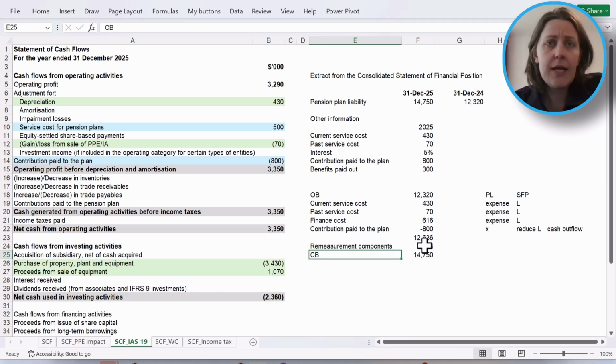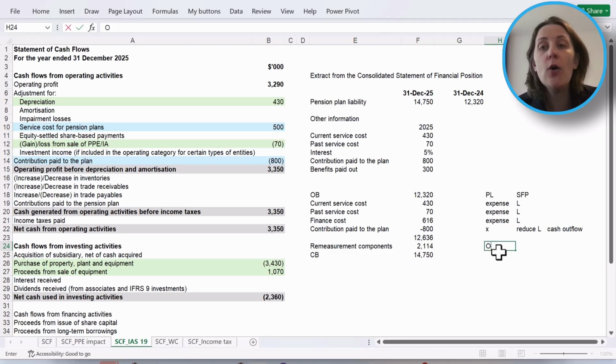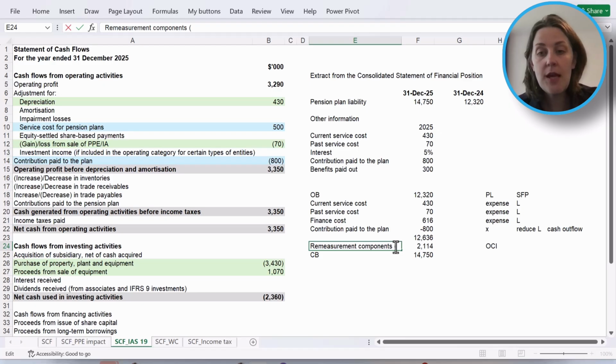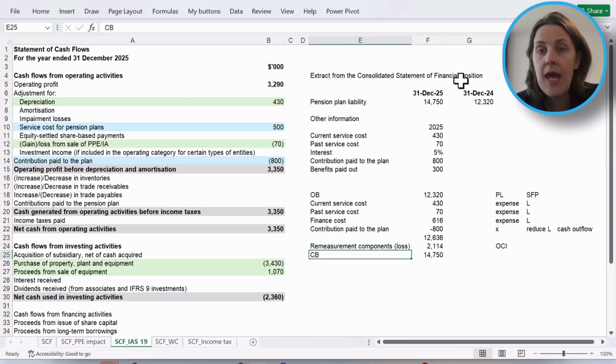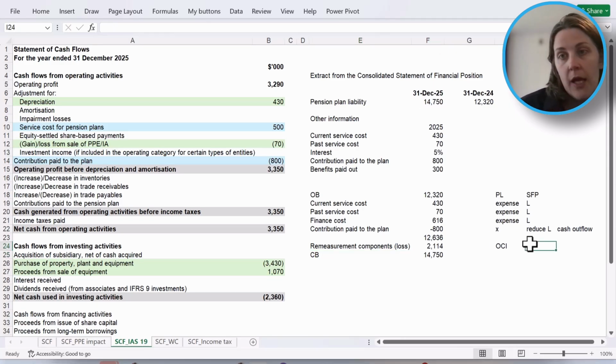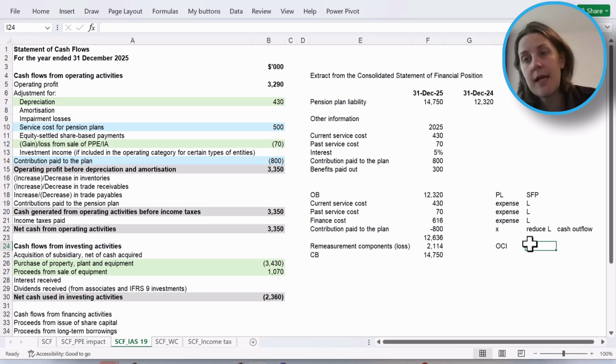Or, for example, our expectation as for the return of the assets that the plan holds has changed. Remeasurement component will go to OCI, and it can be a gain or it can be a loss. In our case, it's going to be a loss because a liability has increased. If liability has increased, it's bad for us. And as such, it's going to be OCI, and in the statement of financial position it's going to increase the liability.